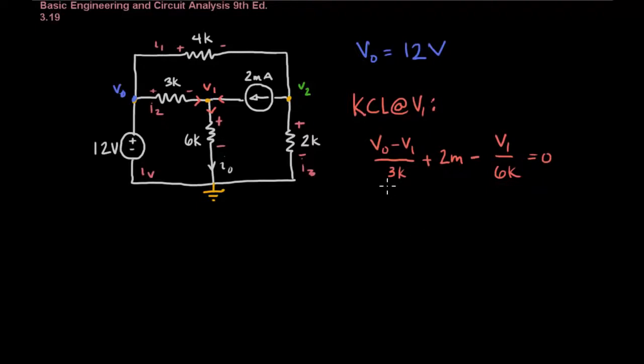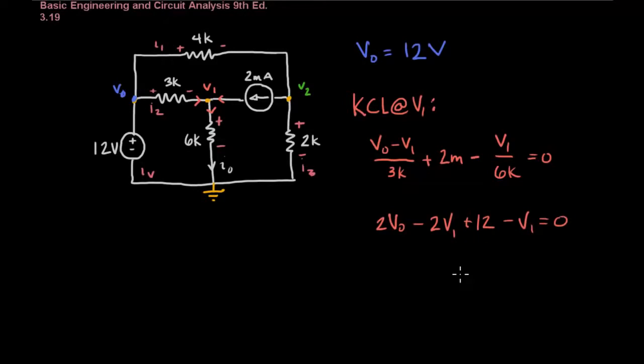Okay, now let's put this into standard form. So I have a common denominator of 6K, so I'm going to put these two terms here under common denominators, and then multiply through by 6K. Okay, so I get 2V0 minus 2V1, 3K, I'm sorry, 6K times 2M equals 12 minus V1 equals 0.